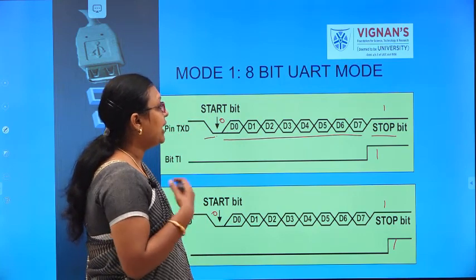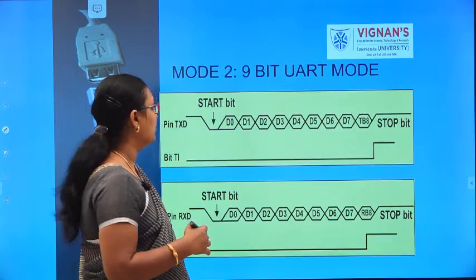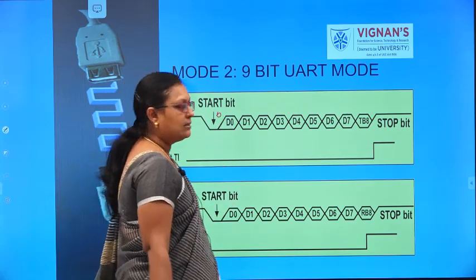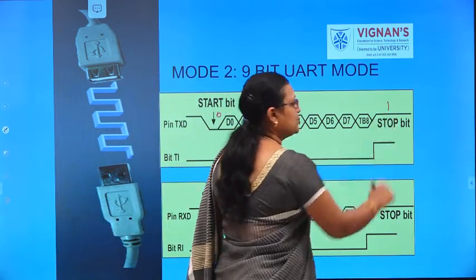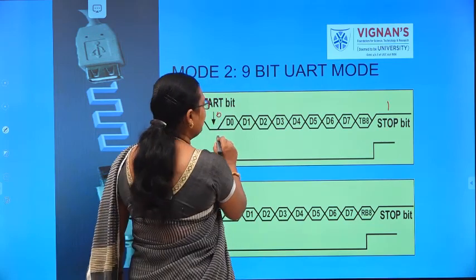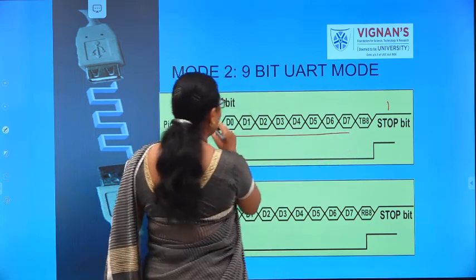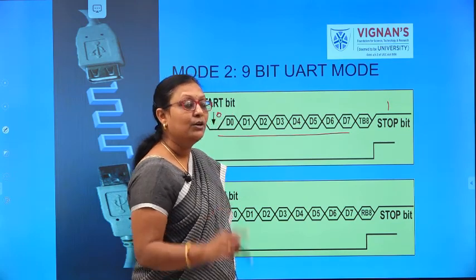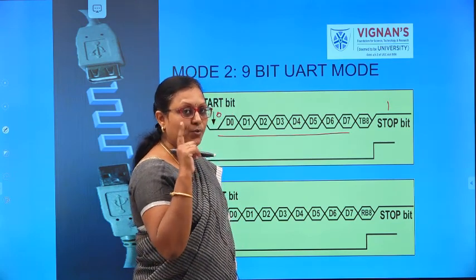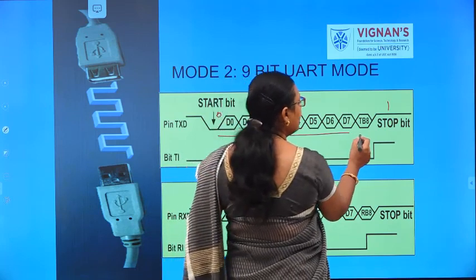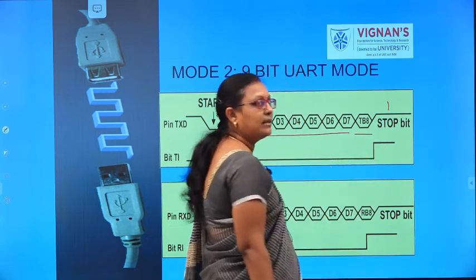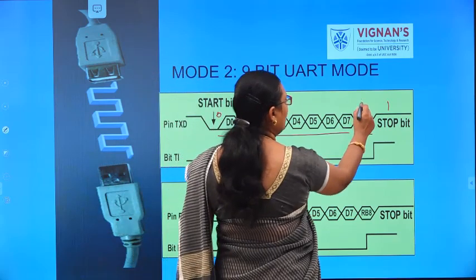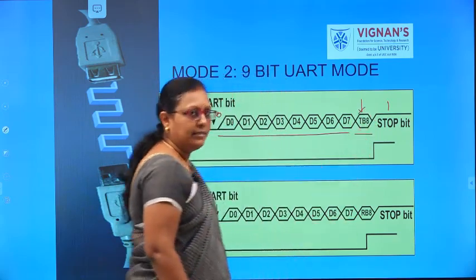The difference between 8-bit UART mode and 9-bit UART mode is that here you have the same start bit 0 and stop bit 1, and the 8 bits of data are followed by the start bit. Along with those 8 bits, one error code bit, that is one parity bit, is also accommodated, which is nothing but TB8. That TB8 bit is allotted as the 9th bit.